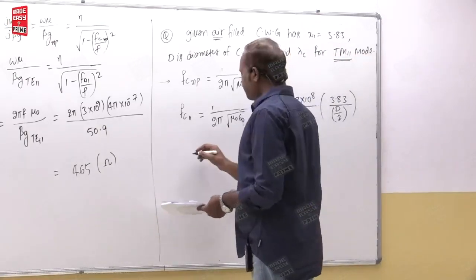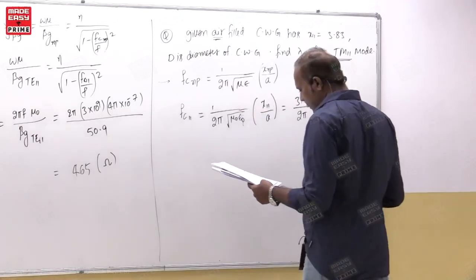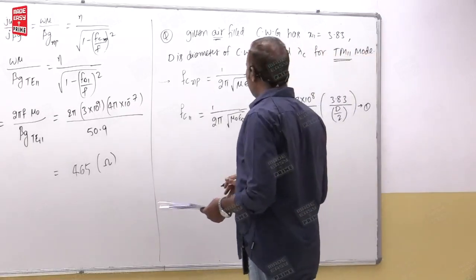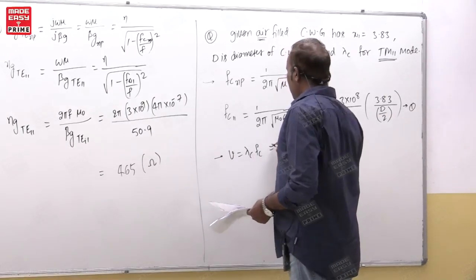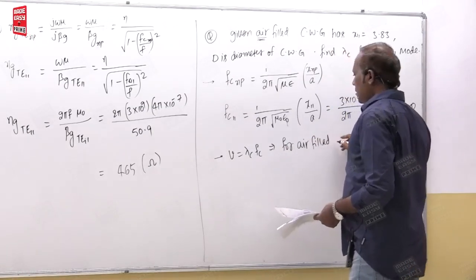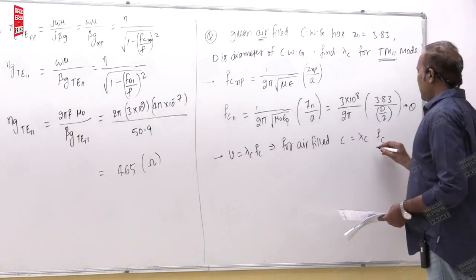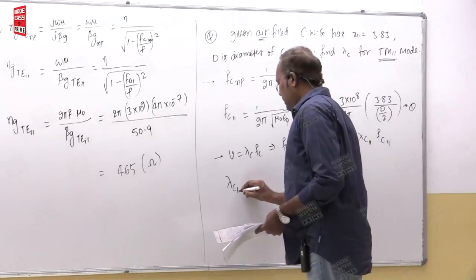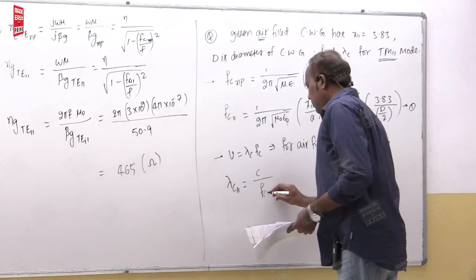Now ultimately, I am keeping this like this only. Let us call this equation number 1. Now what is required for us? You know that v is equal to lambda c into fc, but for air filled it becomes c. c is equal to lambda c fc, and this is 11, this is 11. Now for that mode you want lambda c11, TM11 mode, is equal to c divided by fc11.